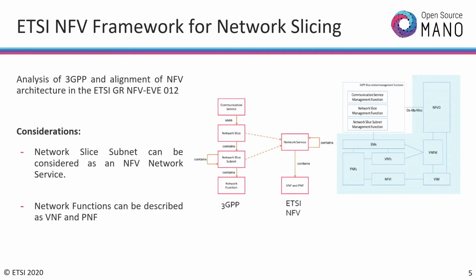So in a slice, we allocate a network slice subnet using the network service that we have, and then we can have multiple network slice subnets connected together to form what we want to do, that is the slice. One of the important characteristics is that the slice allows us to do network service composition. That means that you can connect your network service inside a network slice subnet and create networks among them.